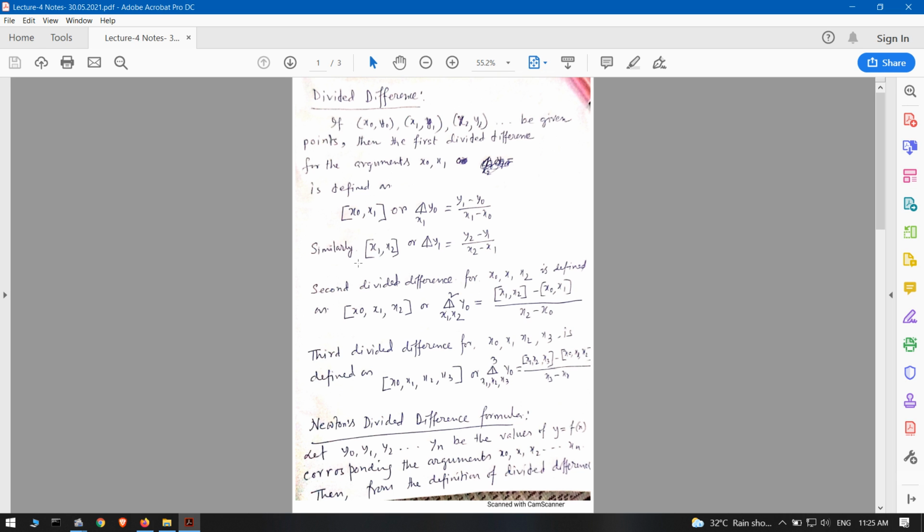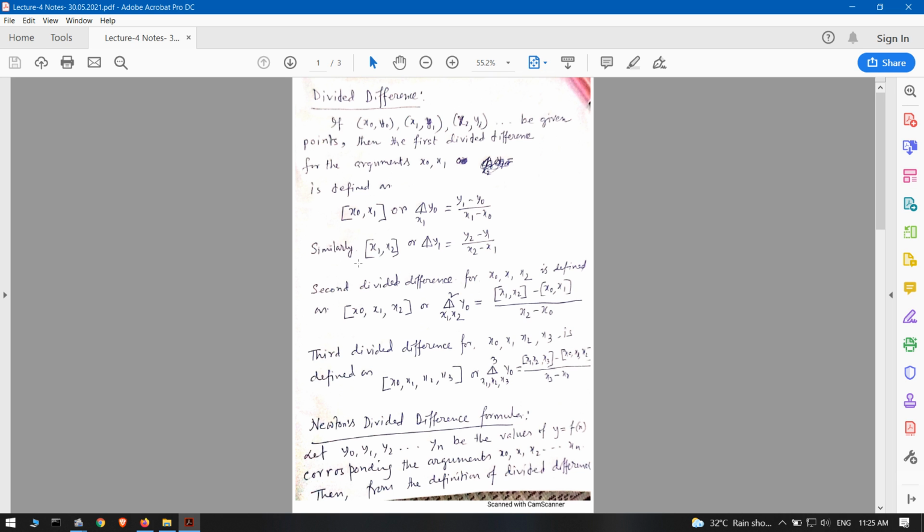Now the second divided difference, how it is calculated. If we want to calculate the second divided difference, at least we have to know the corresponding values for three independent variables like x0, x1, x2.